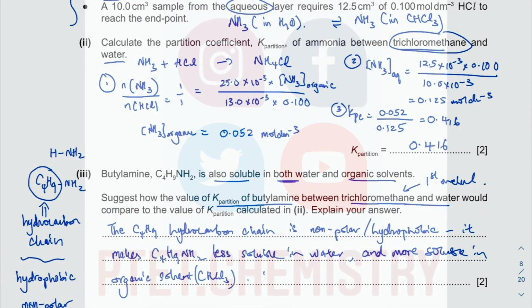Therefore we can expect the Kpc value for C4H9NH2 to be bigger than for NH3.